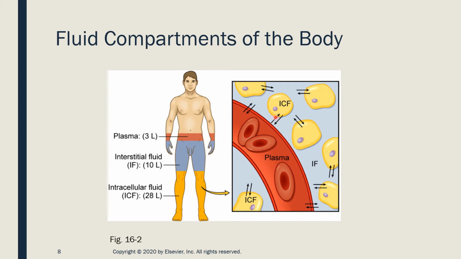Okay, this is intracellular, this is interstitial. This is very important to understand, where plasma is, where the interstitial fluid compartment is, where the intracellular fluid compartment is, because when we discuss management and look at clinical manifestations, these concepts are very important.